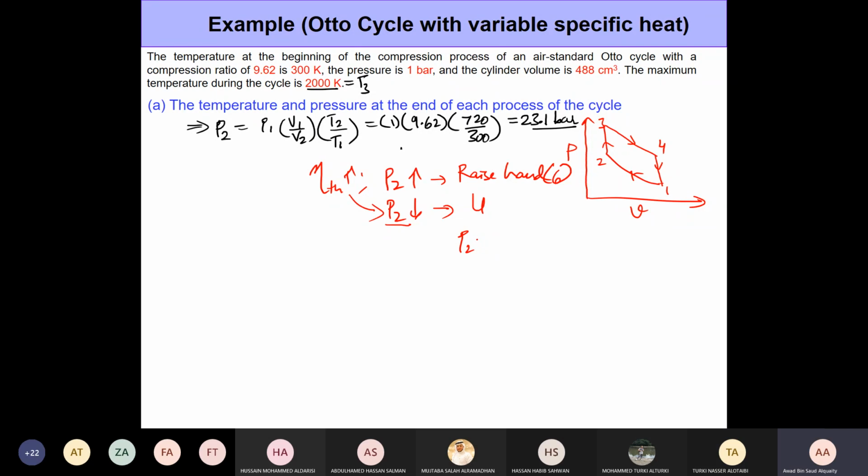Any other explanation? Okay, the same, doctor. All right. Yep. Thank you both. How about the guys who said P2 should be reduced? Why do you think P2 should be reduced to increase thermal efficiency again?